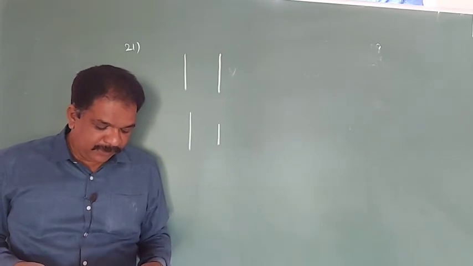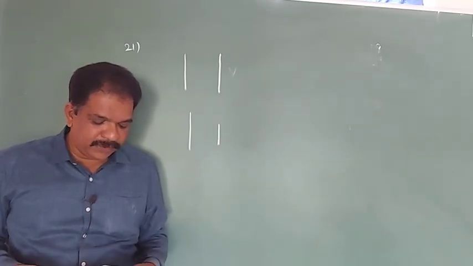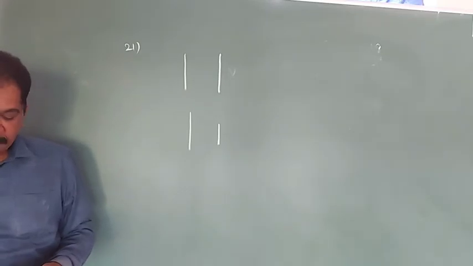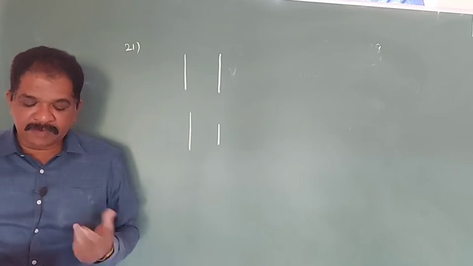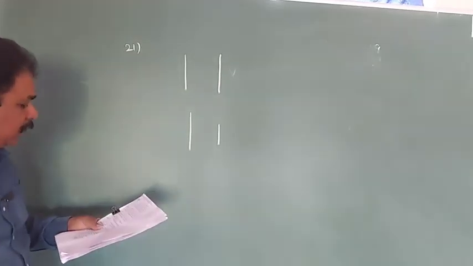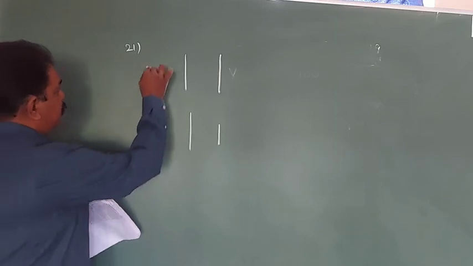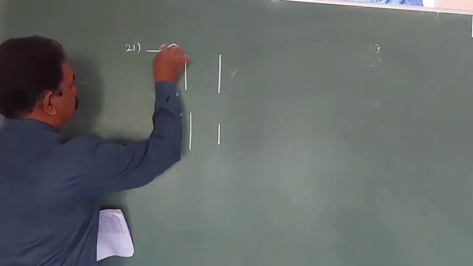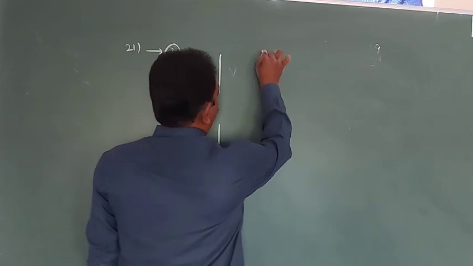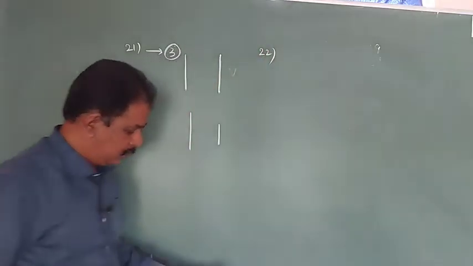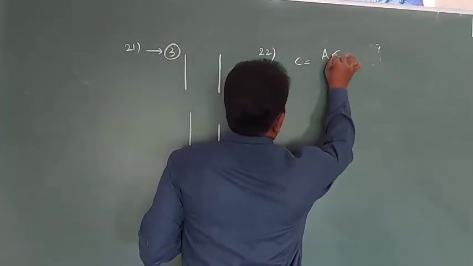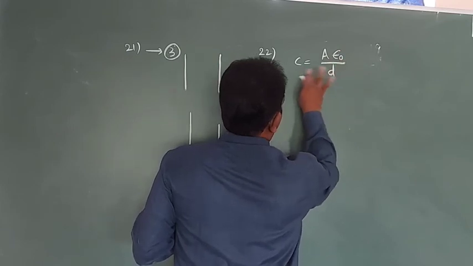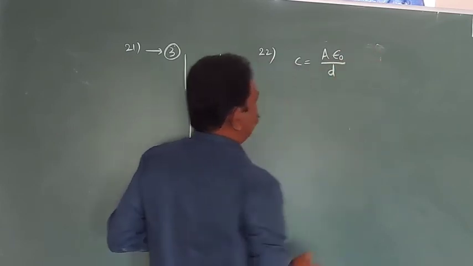Next, 22. The capacity of a parallel plate capacitor is C. When the separation is halved, what will happen to the capacity? For 21, it will be option 3. Next, 22, what they are asking: C is equal to A epsilon naught by D. That is the C value.